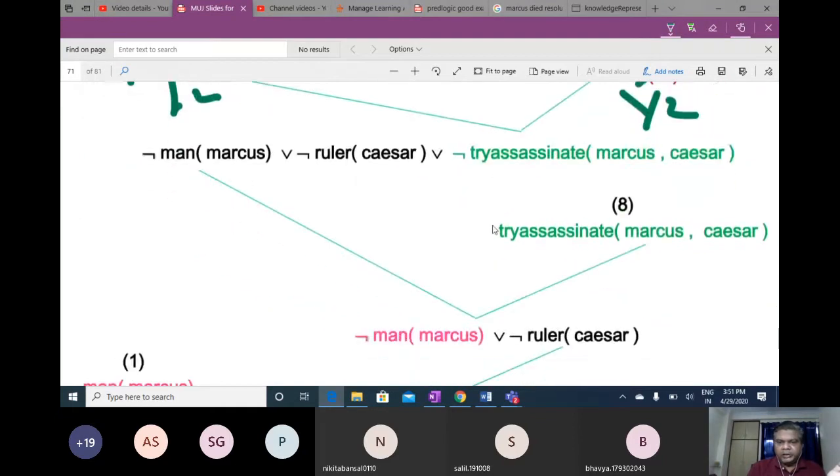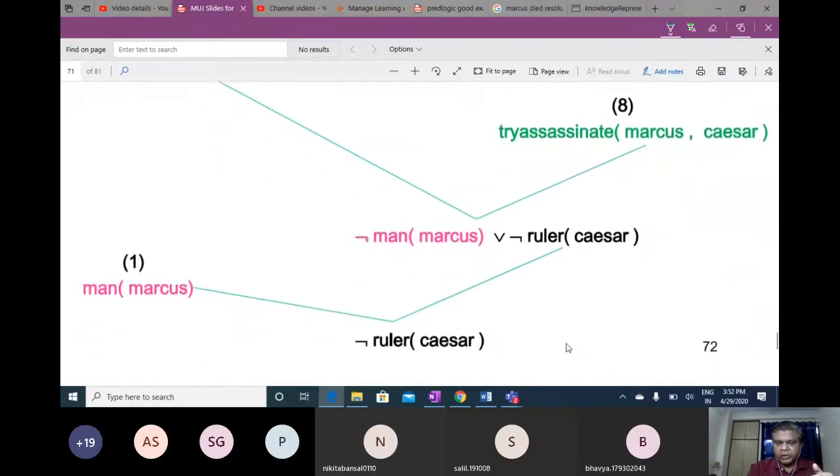We try to match with try assassinate Marcus Caesar. We have already got one of these statements, which says try assassinate Marcus Caesar, statement number 8. So this gets matched and cancelled, and we get not man Marcus, not ruler Caesar.